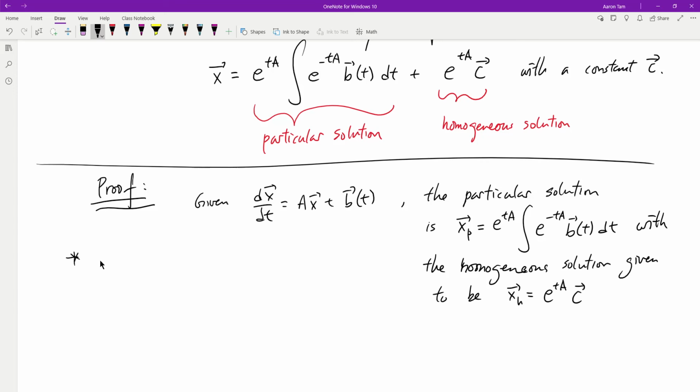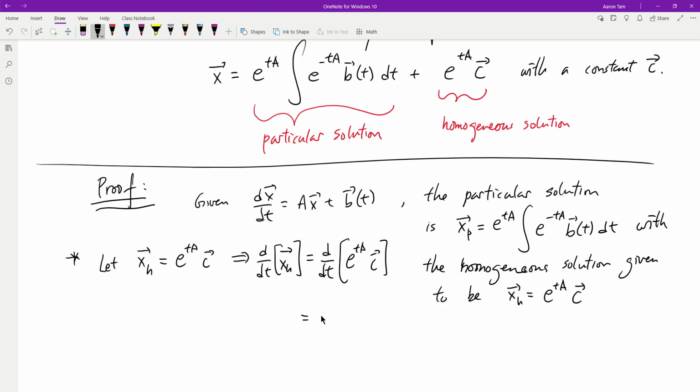But to be fair, let's quickly show it. If vector x sub h is e to the tA vector c, then the derivative with respect to t of vector x sub h is the derivative of e to the tA vector c, which equals A e to the tA vector c, which is A times vector x sub h.